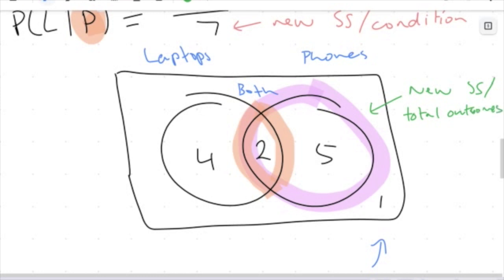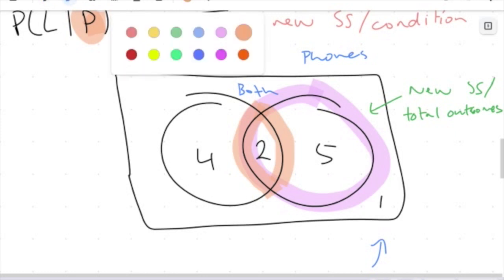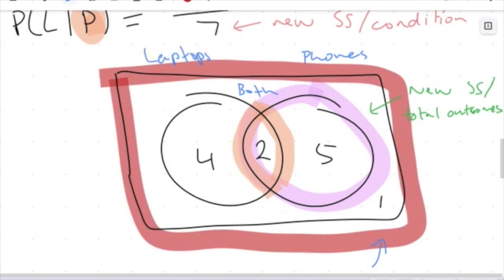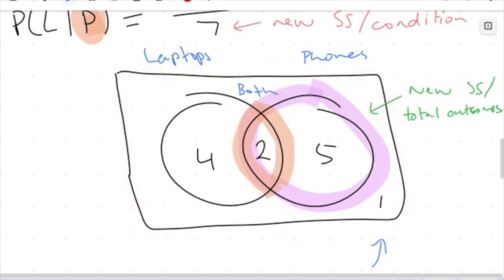Because with the condition now, I'm narrowing down different parts of my probability. I'm no longer looking at this whole thing here where we looked at, okay, there's 12 probabilities here in total, and we just read off the diagram. Now we're doing something extra because our condition gives us a different sample space to consider.